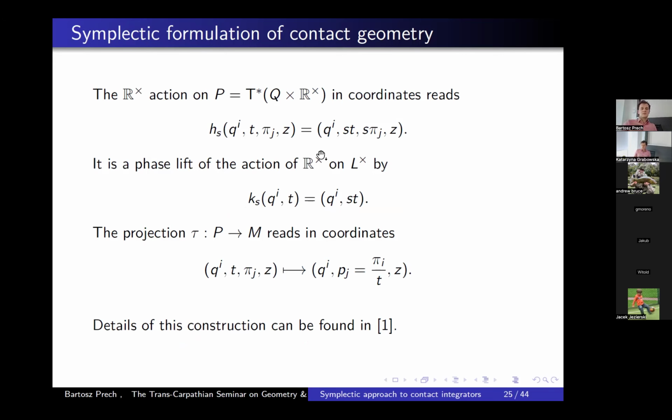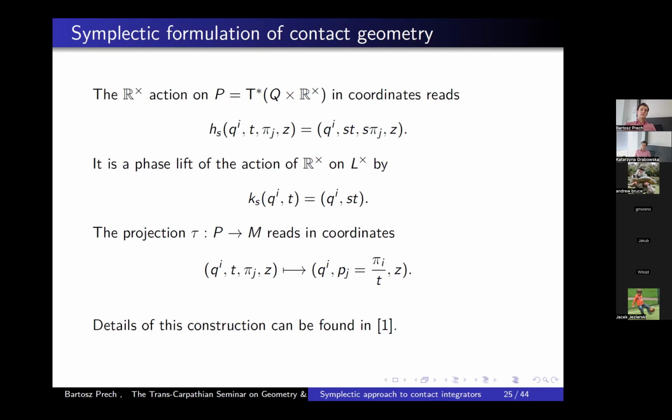So on P we've got an action of S defined by the formula on the top, and then the important thing, as we're slightly running out of time, is this projection from P to M. So you have to project the contact structure on P to the contact manifold.